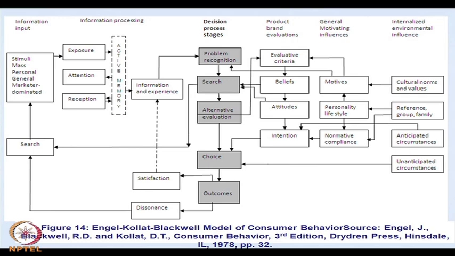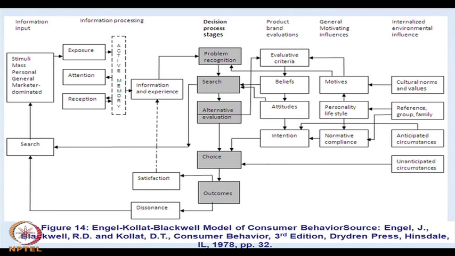Similarly, individual influences in the form of psychographic influences and social influences in the form of normative compliance will have an impact directly or indirectly on the purchase process. Now, these influences could actually take the form of general motivating influences and internalized environmental influences.